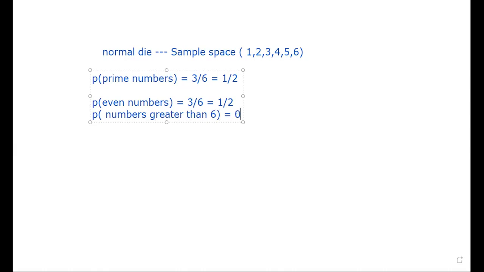Very good. And we can say that this one is called what, ya Ruqayya? We can say this is called an impossible event. So if it's an impossible event, its probability should be equal to 0.